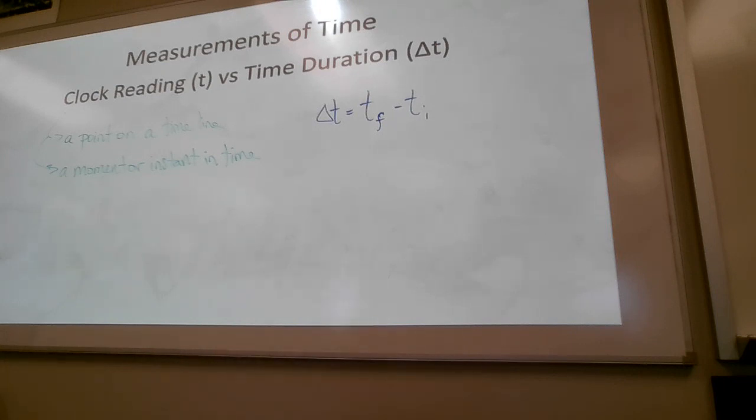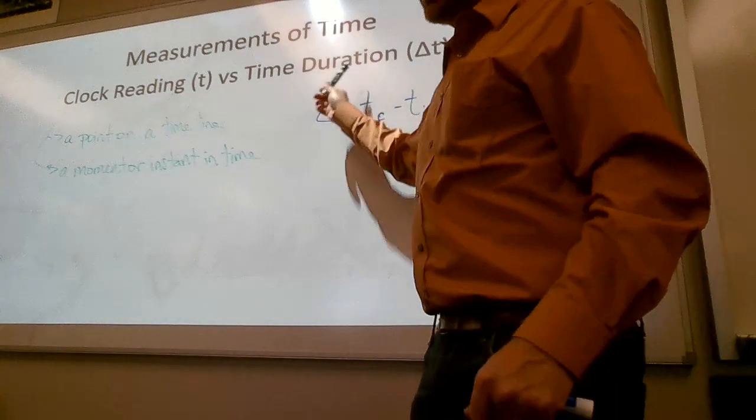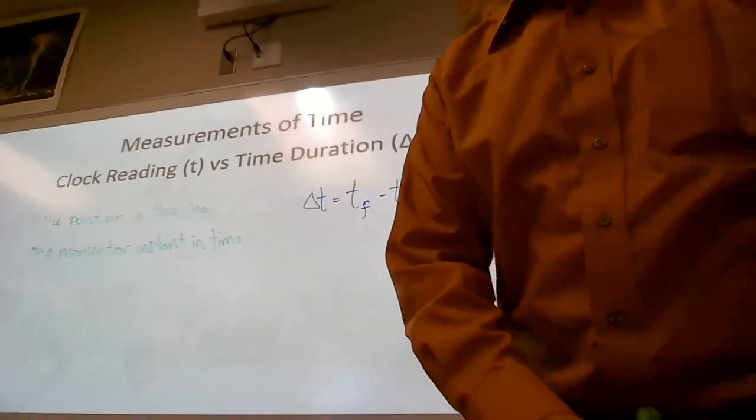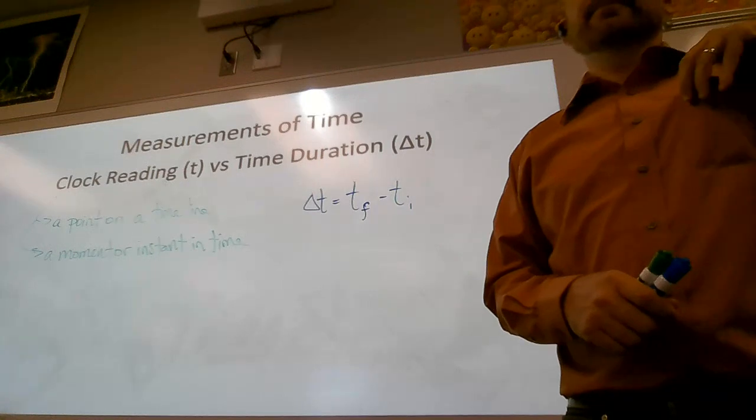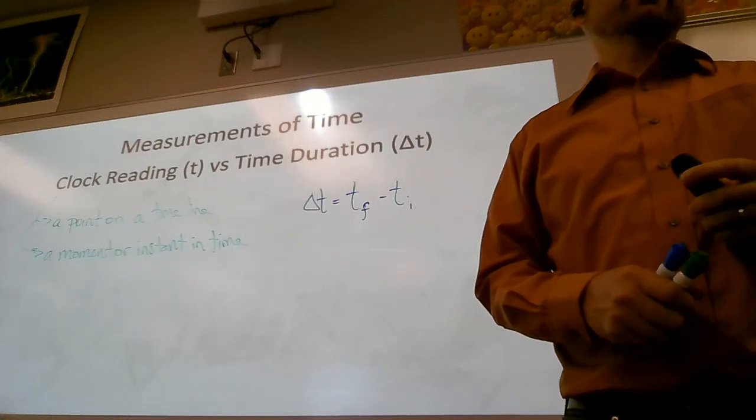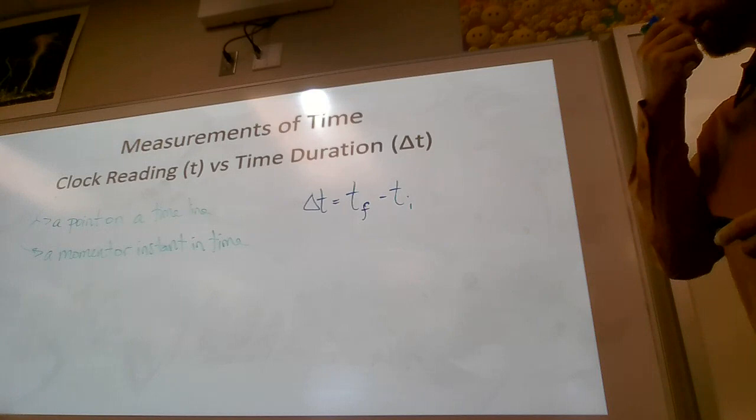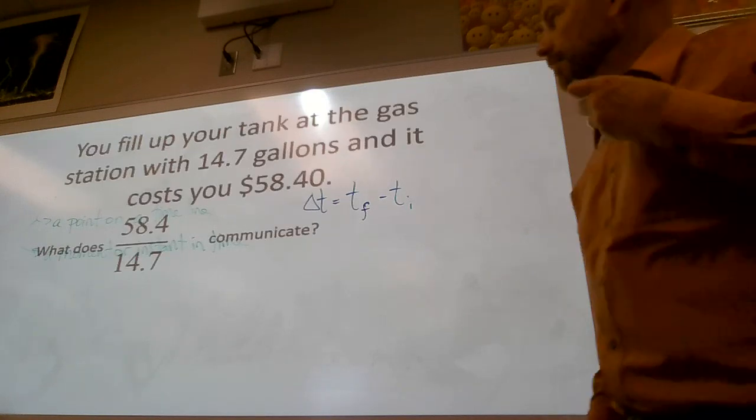Rarely did you ever get a clock reading unless it's the classic math story problem, like train leaves station A at 12:05 and reaches station B at 2:35. Okay, so those are obviously clock readings, but most of the time when we're talking about time in a problem, it's talking about time duration. Okay, factoid there.